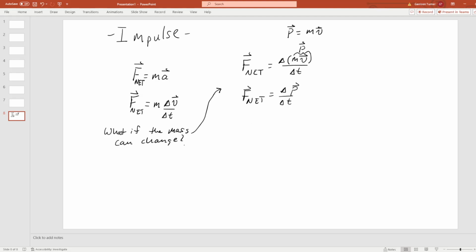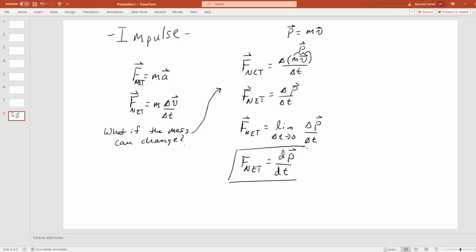And if we let our time intervals be small enough, then this becomes the derivative. So this is Newton's second law reformulated to include the possibility that the mass can change.